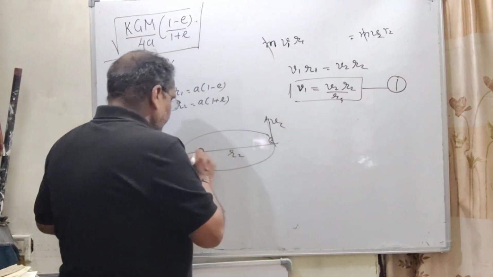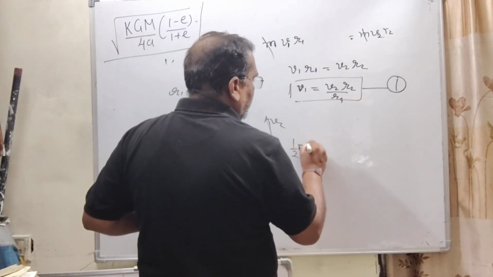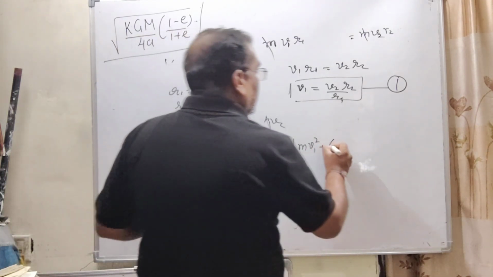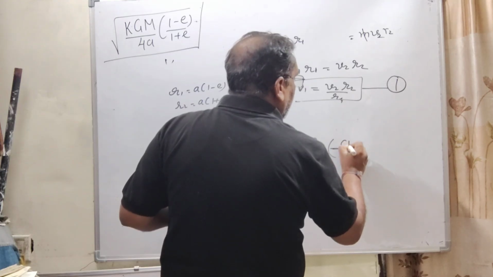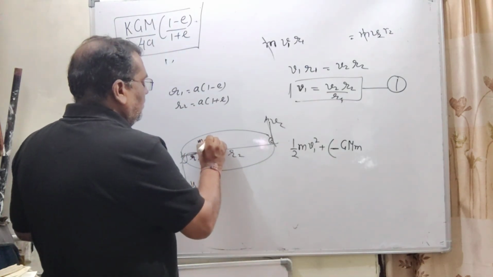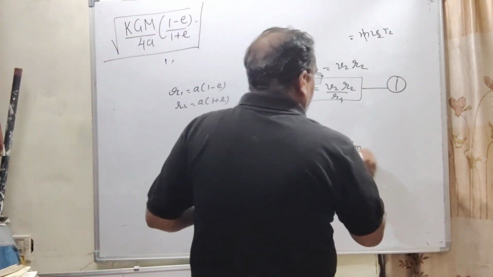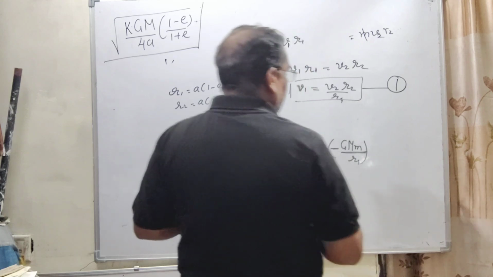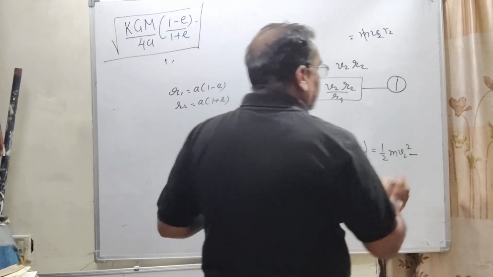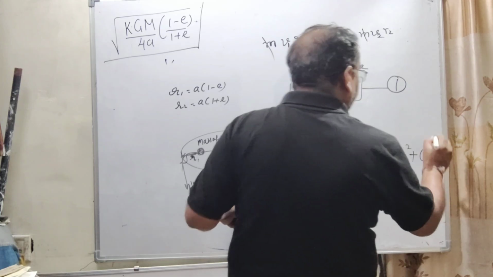The energy at perigee is half m v1 square plus potential energy, minus G M m by r1, where capital M is the mass of the sun and this distance is r1, and this is equal to 1 by 2 m v2 square minus G M m by r2.